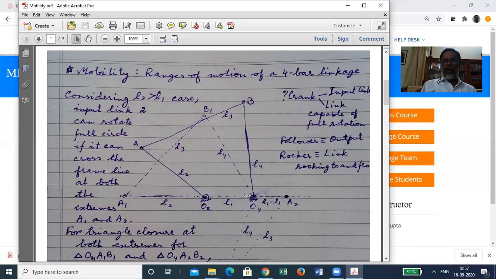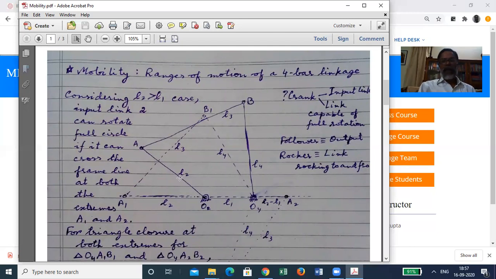If L1 were larger, then A2 would fall on this side, and analysis would go in a different order. Finally, the result would be same. It may be a good idea to do that exercise on your own and check that similar situations you get.